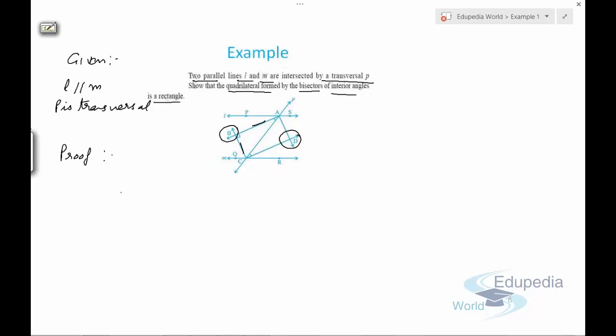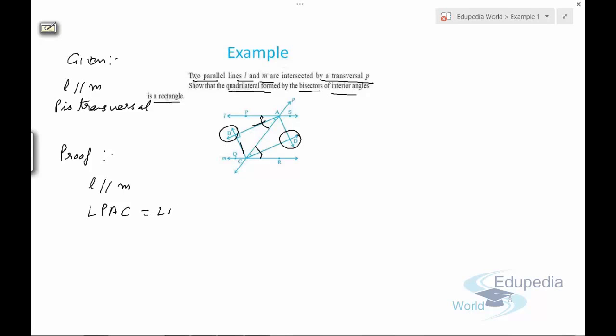Since L is parallel to M and P is a transversal, we can say that angle PAC, this angle, is equal to angle ACR, because they are alternate interior angles.